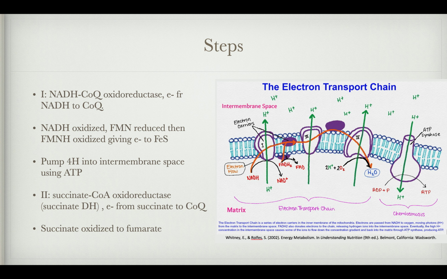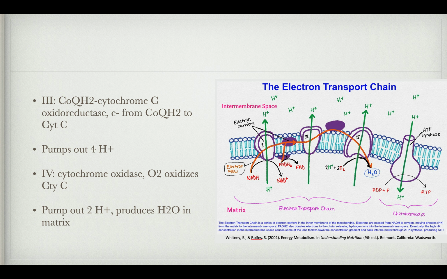And those electrons from succinate will be carried to coenzyme Q. And then in complex 3, coenzyme QH2 cytochrome C oxidoreductase will oxidize coenzyme QH2 and transport those electrons to cytochrome C, and in that process it will pump out another 4 hydrogens. So right now we've got 8 hydrogens floating around in the intermembrane space, so it is getting pretty acidic.